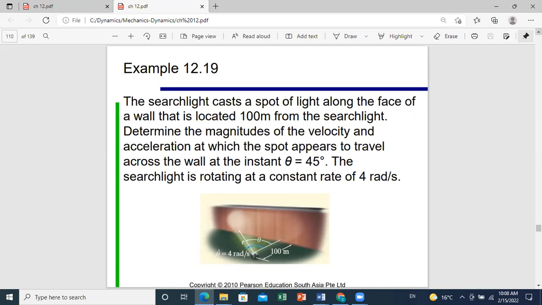So in this problem, they gave me that the rotating rate is constant, equal to 4 radians per second. So what is the variable they gave me here? Angular velocity. Yes, they gave me omega or theta dot. This is an indication that I have information in cylindrical coordinates.